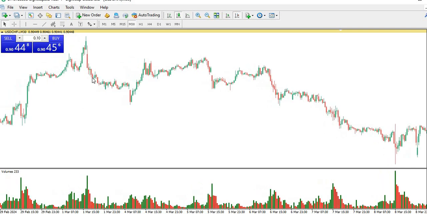So here you can see the trend has reversed. The trend is now clearly a downtrend. It is making lower lows and lower highs. So we can know that the trend is a downtrend. And here the market made a significant low. I won't call it significant.